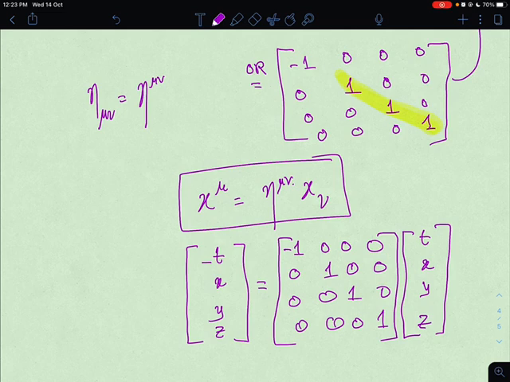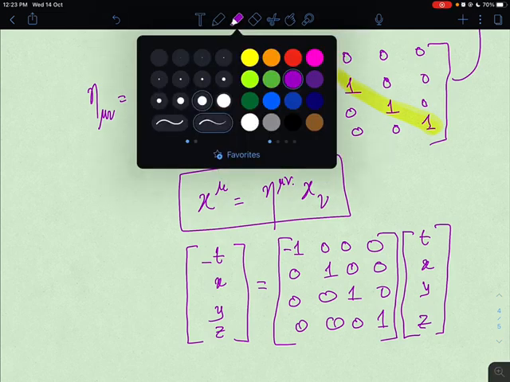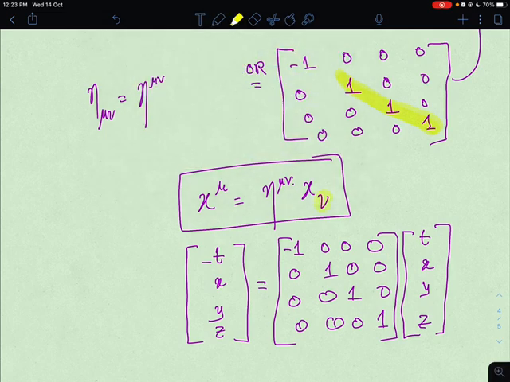So any repeated indices should be summed over. This is the repeated index here, which is given in terms of the Greek index nu. If any repeated indices, one up and one down, it means it is summed over.